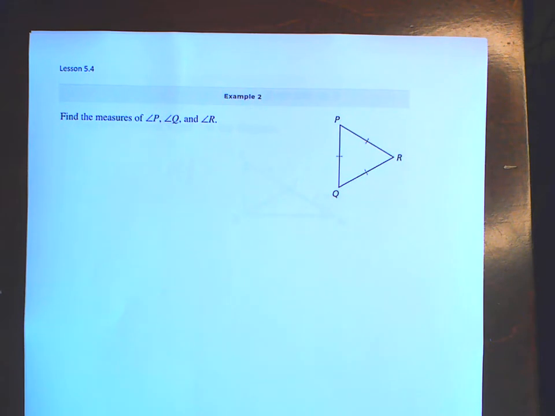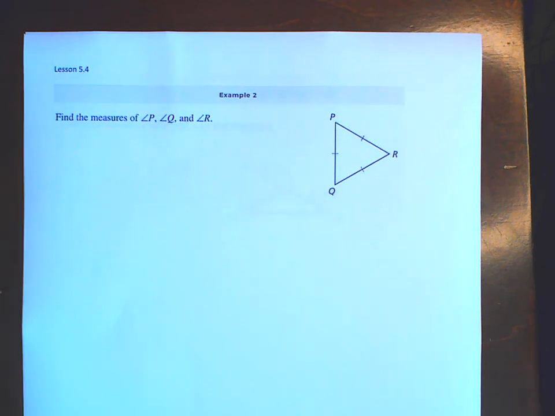Number 2, find the measures of angle P, Q, and R. Now, one of the theorems that we did learn, it's actually a corollary, says if a triangle is equilateral, then it's equiangular. That means that all these angles are going to be the same. So if the sum of the angles is 180 and they're all the same, 180 divided by 3 angles is going to be 60.